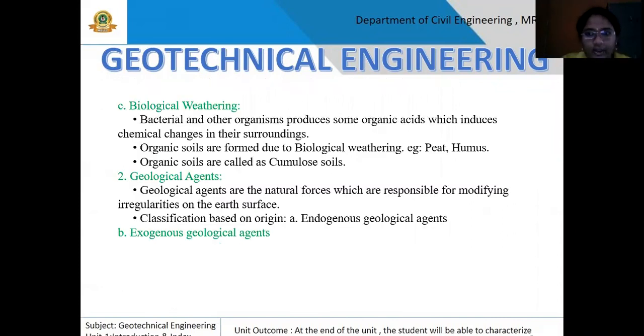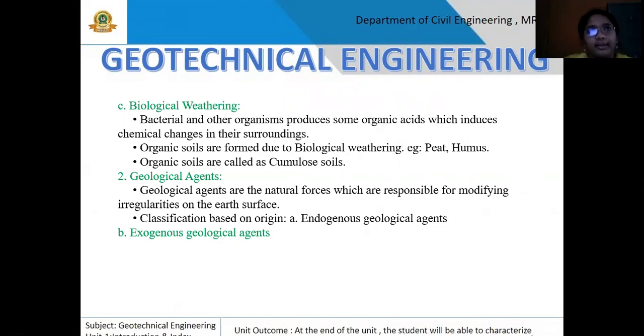Coming to the third process, biological weathering. Biological weathering is based on bacteria and other organisms. Organisms like bacteria react with the rock materials, and weathering takes place due to some chemical changes.